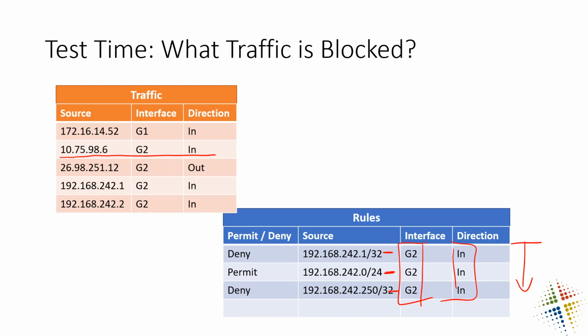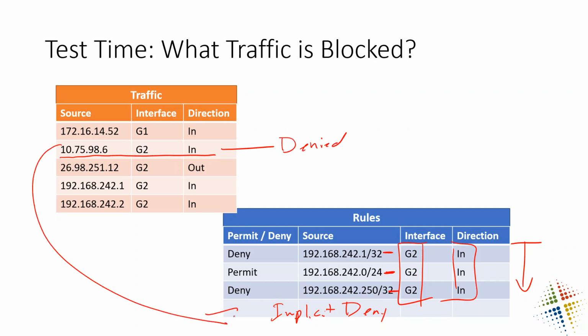But at the very end, we do have an implicit deny. Therefore, this traffic is denied due to this implicit deny rule down at the very end. So that second source traffic is being blocked. We didn't expect that traffic, but we're blocking it anyways.